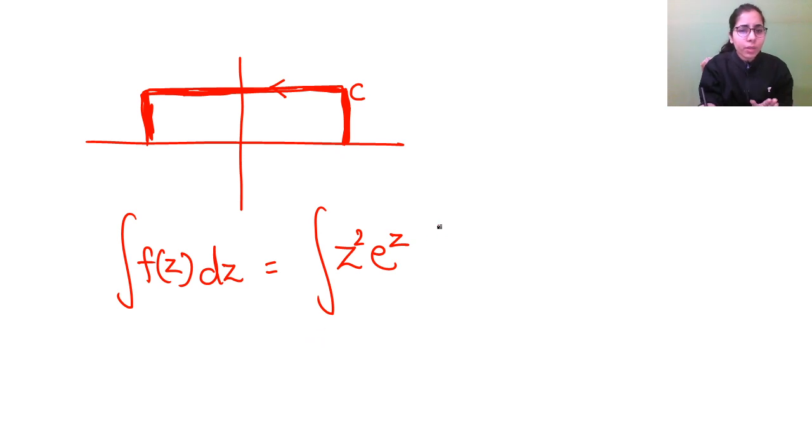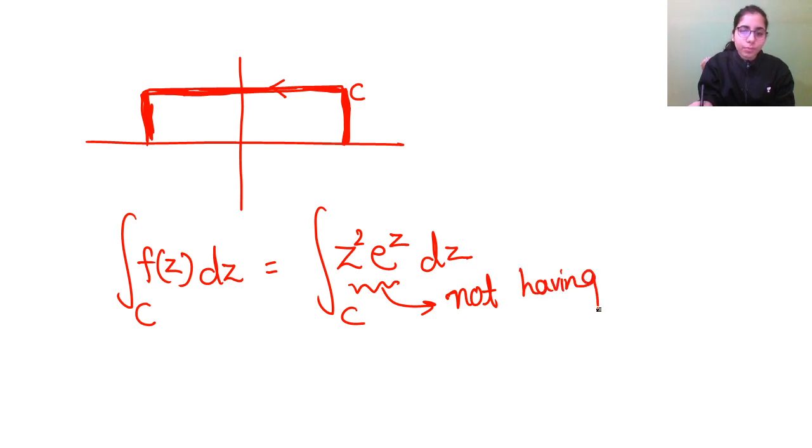Now you can observe that in this case, if we want to find this integration over the open contour C, what will happen? You will not find even a single pole. Not having a pole.